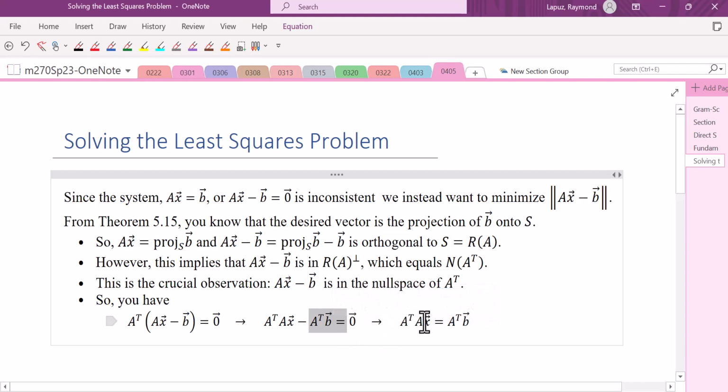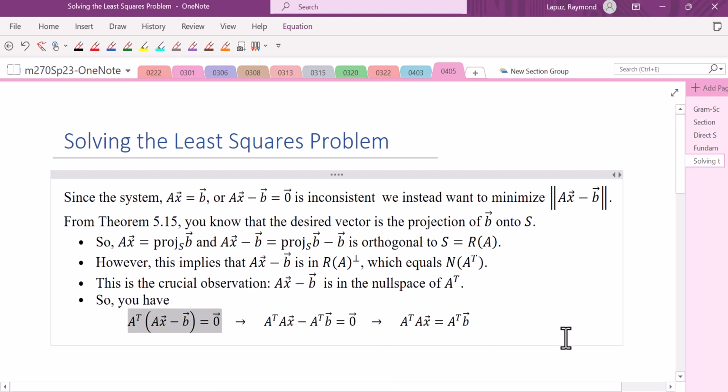Another way to look at it is to put the A transpose times B on the other side, and then we have A transpose times A, a new matrix, times the unknown variable X equal to A transpose times B. And this should have a solution because we noted that AX minus B is in the null space of A transpose, so that necessarily makes this equation true.